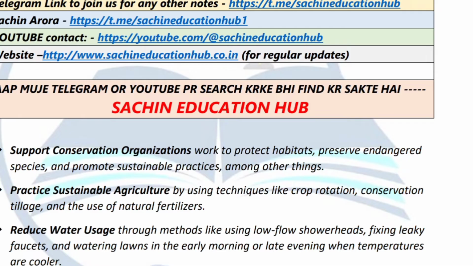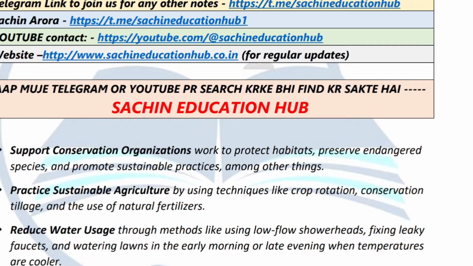The growth of these organizations also helps in conserving the natural resources, because these organizations protect various types of habitats in the country, preserve various endangered species, and promote various sustainable practices. So once the organizations are doing these things, it will be easy to conserve the natural resources.